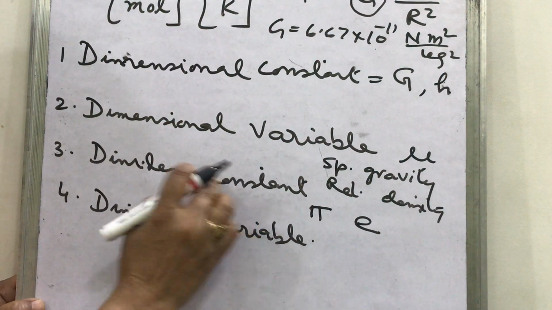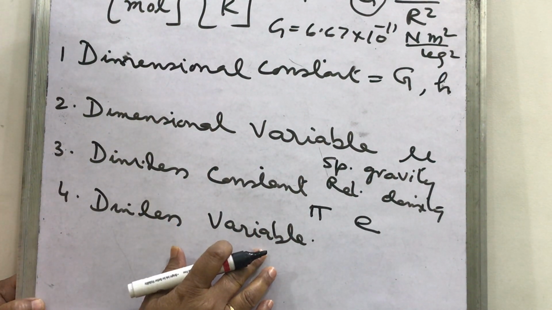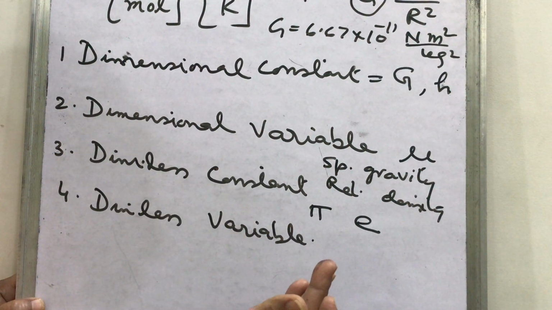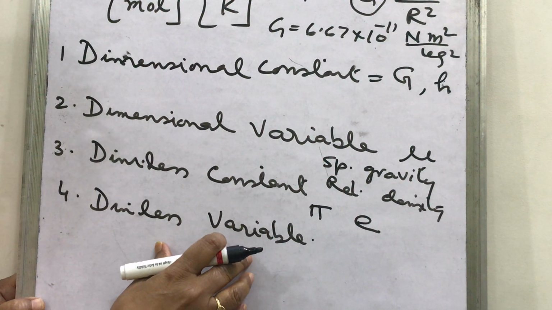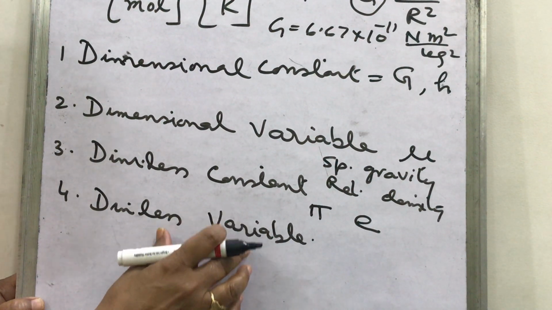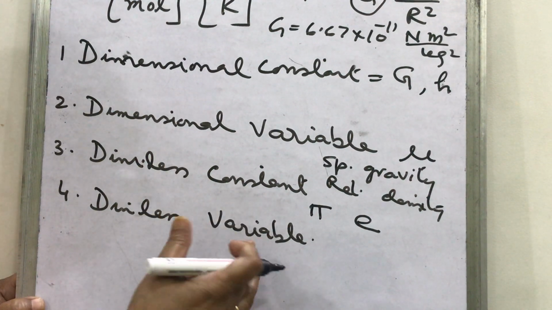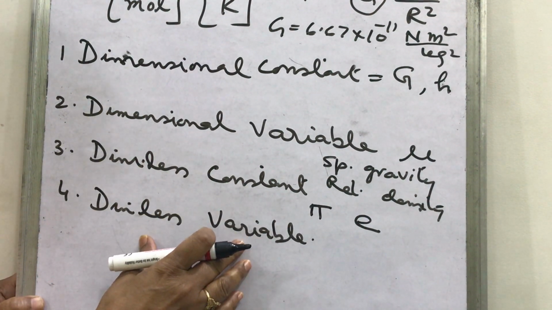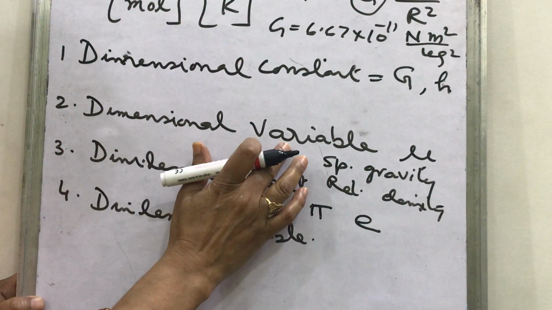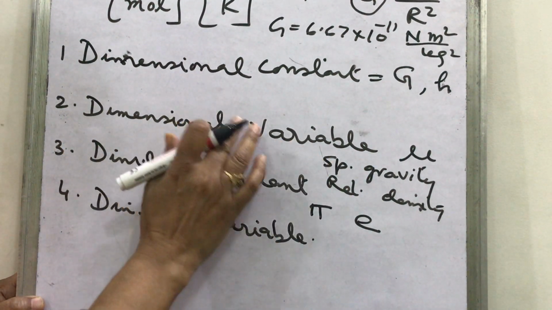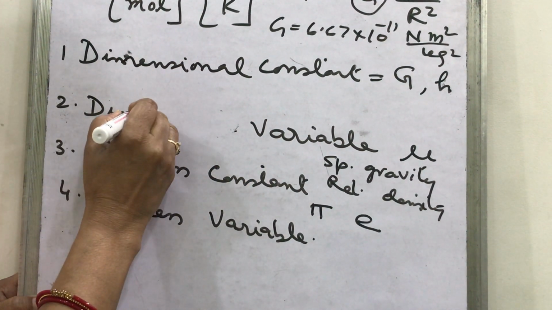These are the examples of dimensionless constant. Dimensionless variable, so many. They don't have any dimension, but their values change.